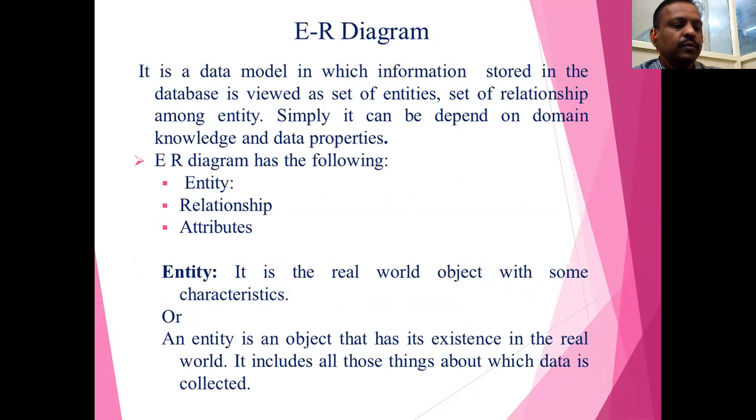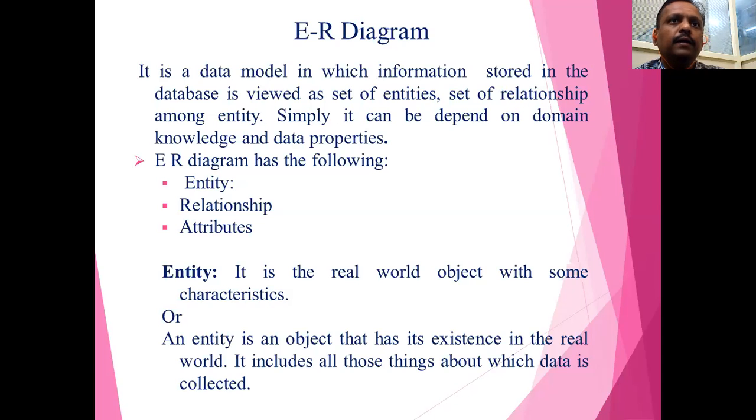Now let us discuss what an ER diagram is. ER diagram is an entity relationship diagram. What is an entity? An entity means a particular object which is unique in the universe.